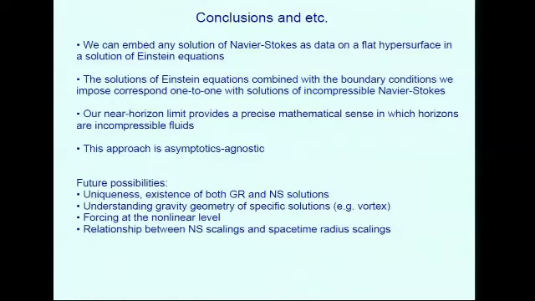Okay, so a couple of things that we could think about for future possibilities. As I briefly mentioned before, one could try to think about both uniqueness and existence on the GR side and the Navier-Stokes side. Perhaps, as something a little bit more realistic, there's tons of things that Navier-Stokes people know about solutions to their equations, and there's tons of things that gravity people know about the solutions to their equations, and maybe they're not all the same things.